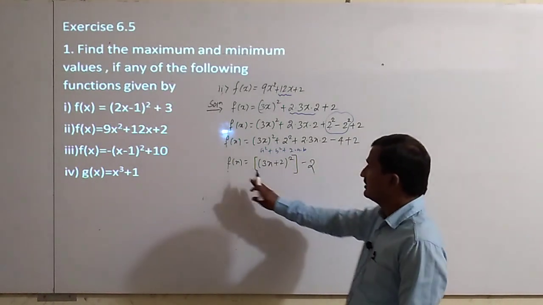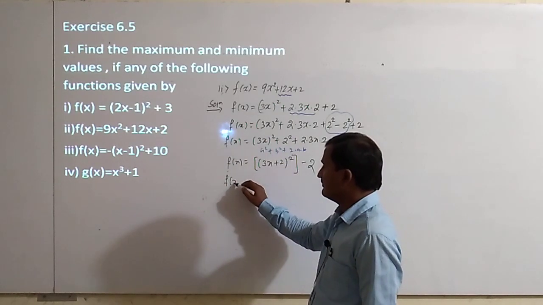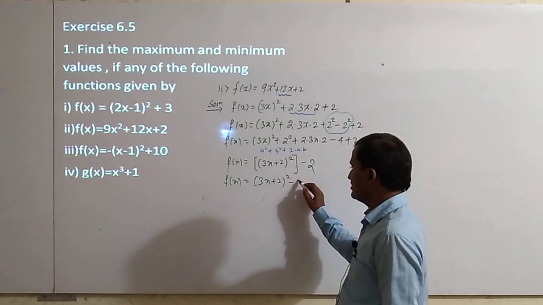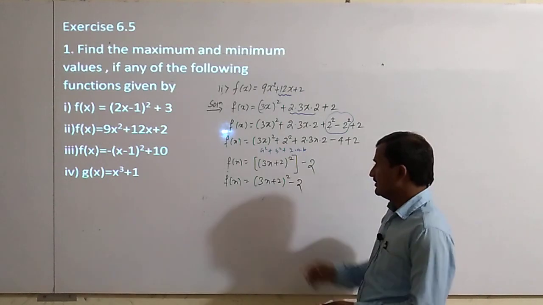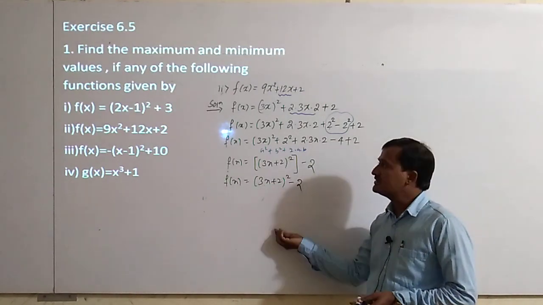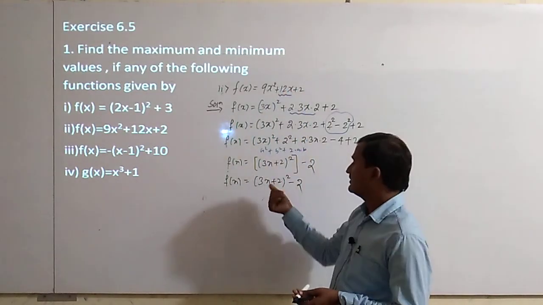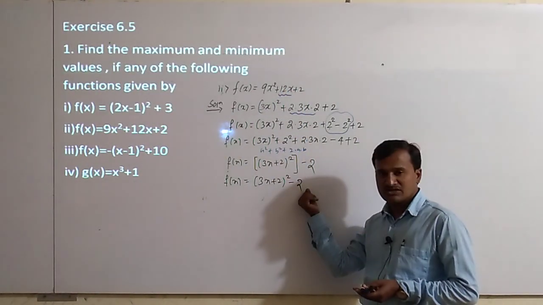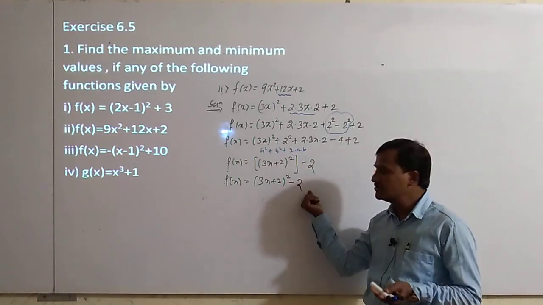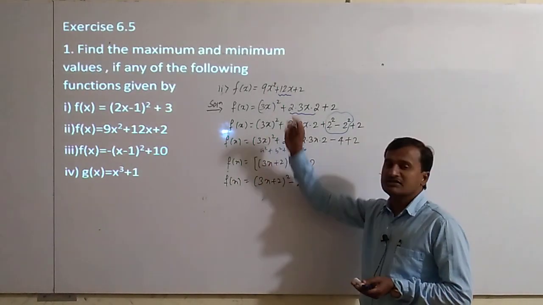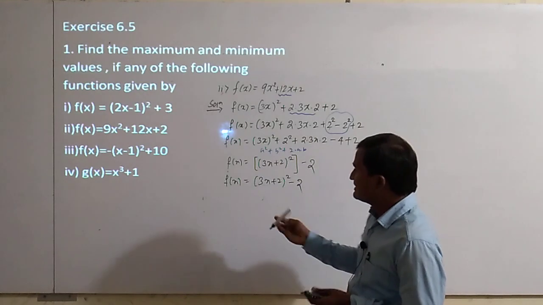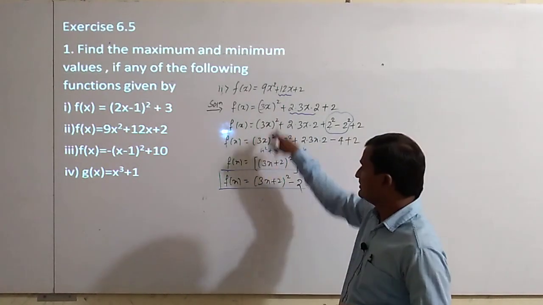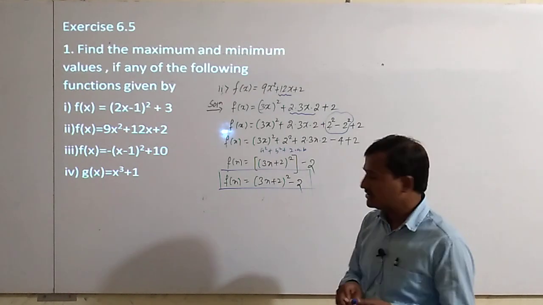So therefore the same function we have written like this: 3x plus 2 whole square minus 2. If you simplify this one, you are getting the same function, 9x square plus 12x, and here minus 4 plus 2 means minus 2, and 2ab, you are getting the same. So this is the required function. After simplifying this one, we have got this one.